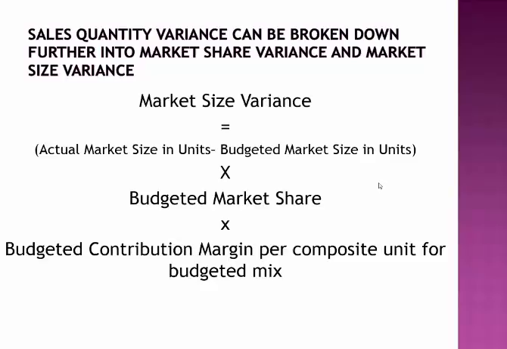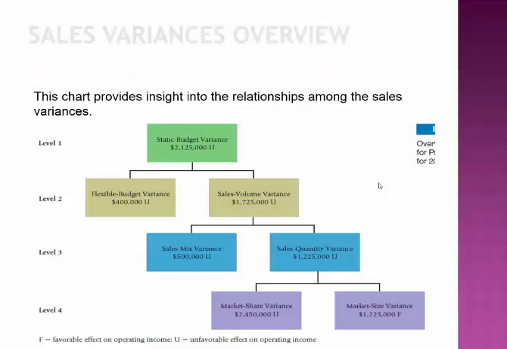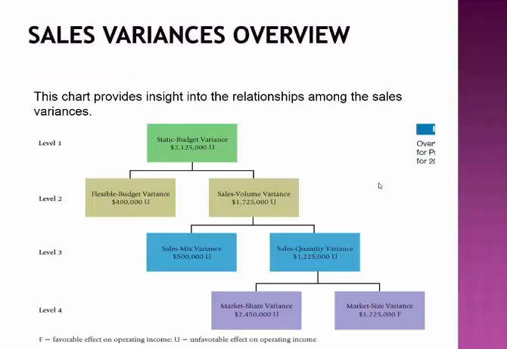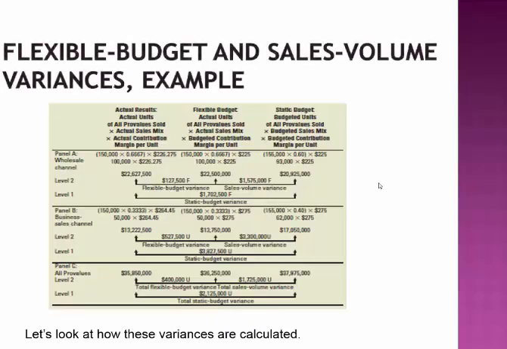And actual market size was 800,000 units, but the budgeted market size was 775,000 units. And this information can be plotted out and calculated in order to get these variances. So I did leave these in here from the text, so that if you wanted to look at them again, you could just plug those numbers in the formulas and calculate it.